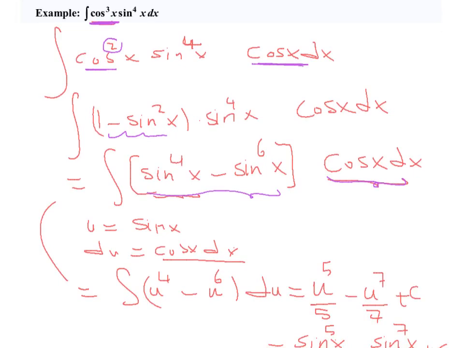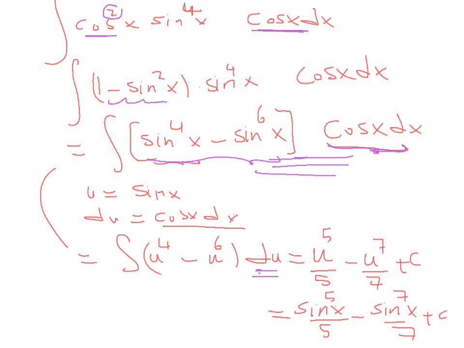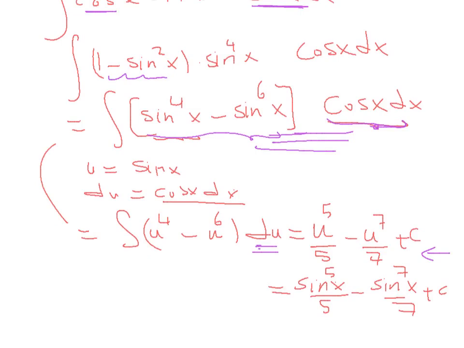If we take u as sine, du is cosine dx, so what we have here is u to the 4 minus u to the 6 times cosine x dx, which is du. This can be integrated very easily by saying u to the 5 divided by 5 minus u to the 7 divided by 7, and then replace u with sine.